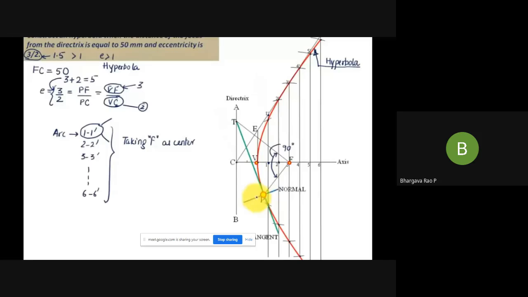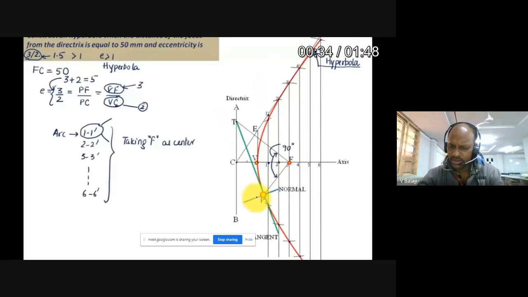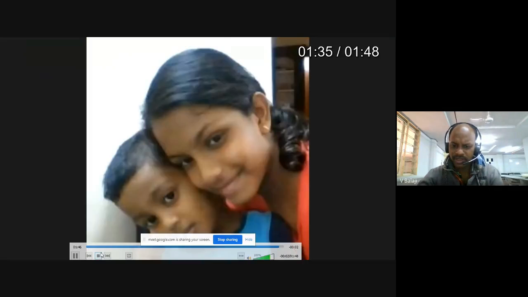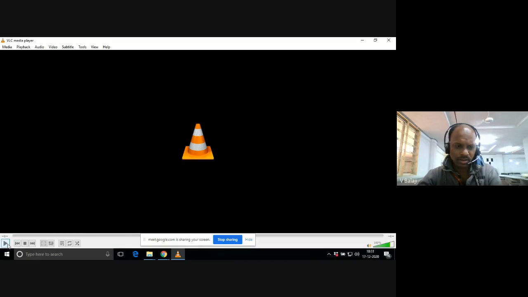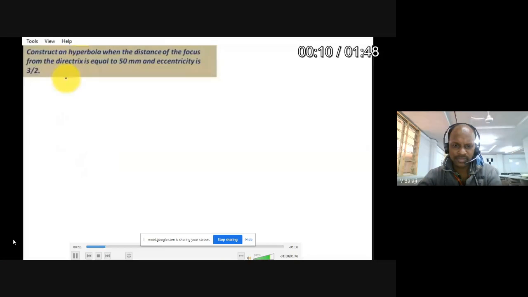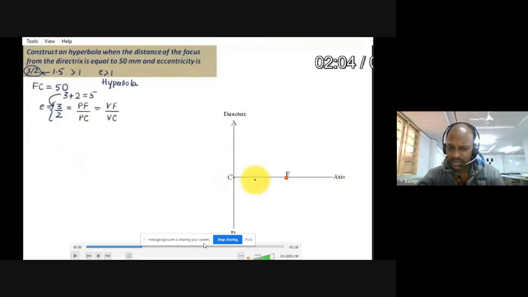Like you mark this 1, 2, 3, 4. Here you will get some inclined line, and thereafter we are drawing parallel lines.